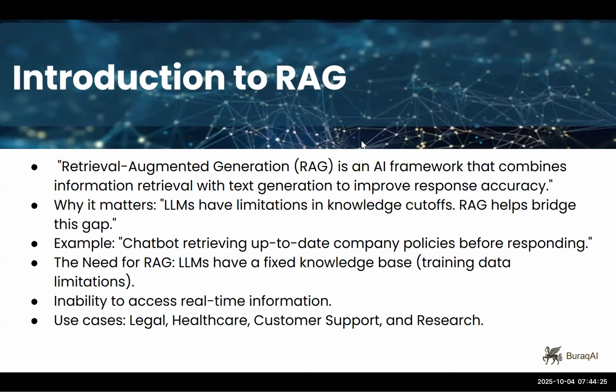Two things: one, the LLM will not have your personal data, so there is no way that it can answer anything. Any model will not have what are the projects I have worked on, right? So if I say what are the projects I have worked on, it will not have an answer. Or say what are the certifications that I have, it will not have an answer. Of course, there is a way.